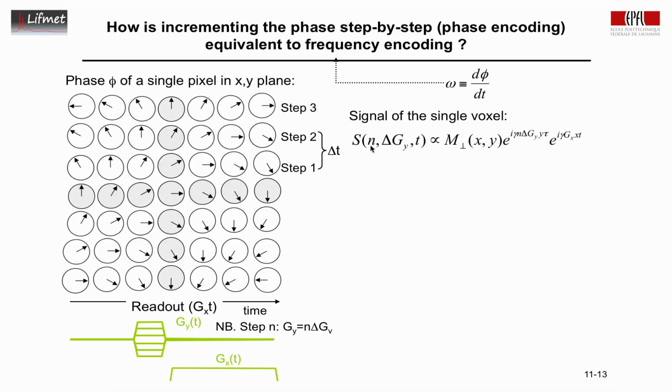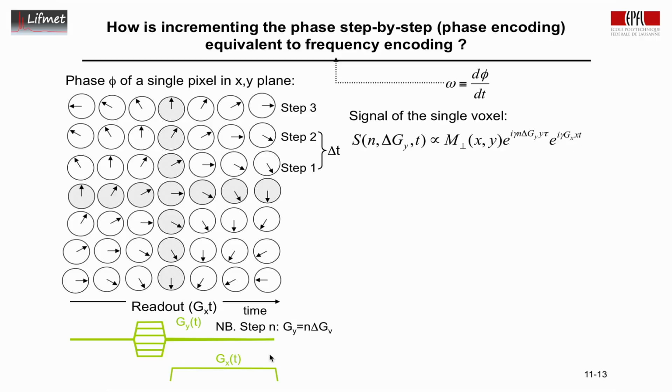Or in general, our signal is given by the nth phase encode gradient, the increment of the phase encode gradient delta gy, which is constant. This is proportional to the transverse magnetization at the beginning at the position x and y. This is the effect of the phase encode gradient, so it's gamma n times delta gy times the amplitude gy, and e to the i gamma gx times x times t, that's the evolution during the readout gradient.